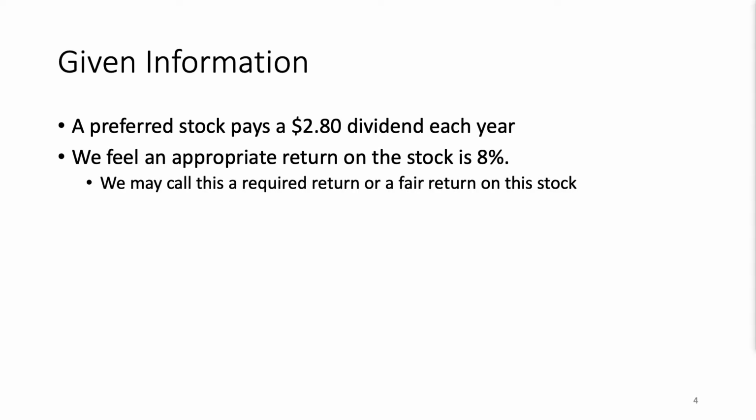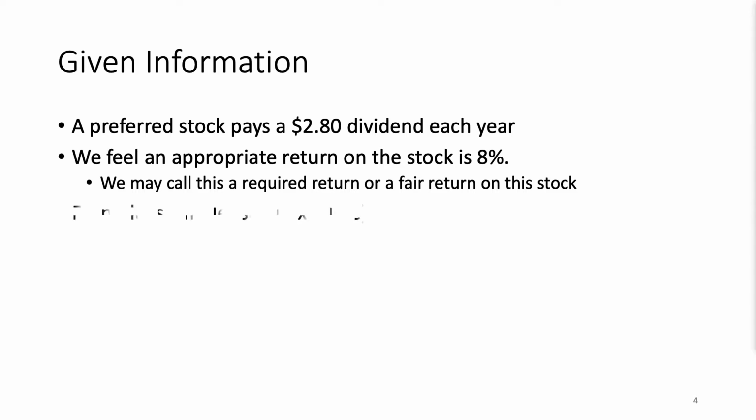We may call the appropriate return, or fair return, a required return. My requirement is that the stock yields 8%. That's my required return. My boss, she might want a 9% return. She'd do different math than I'll do here.